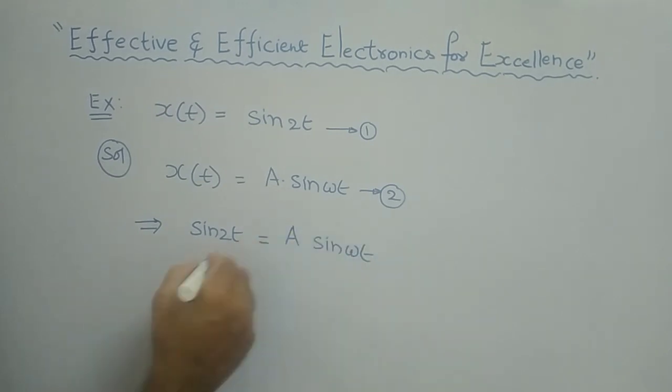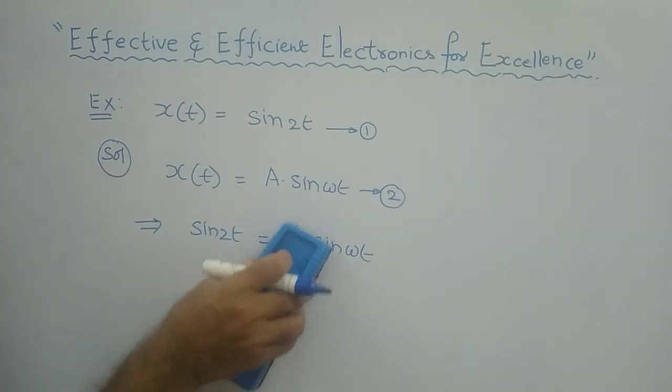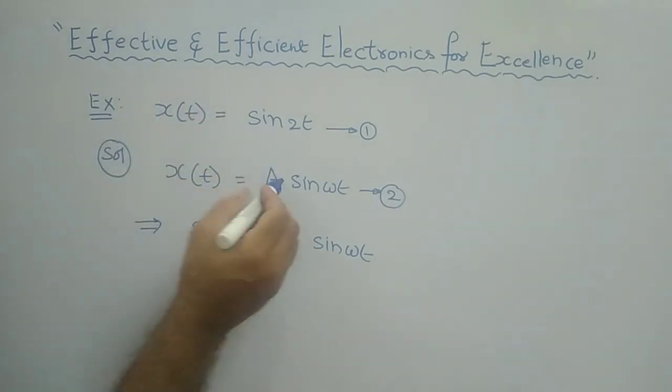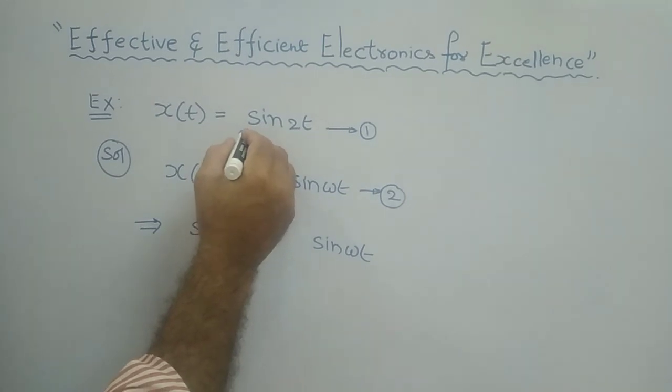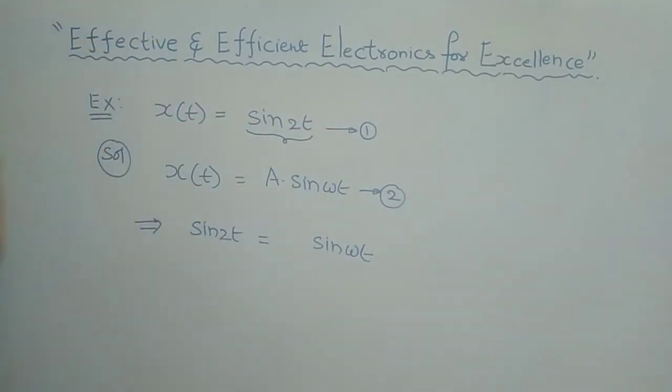In finding the fundamental time period, the magnitudes need not be considered. Here A is not required, so I will remove that. Magnitude is not an important parameter, so you ignore it. Only the sine nature of the signal, with the remaining quantity other than magnitude, you have to consider.